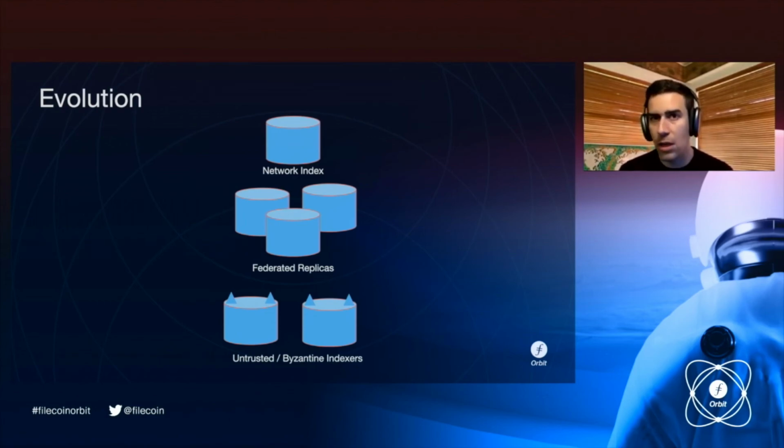So you could imagine schemes, for instance, where when I do a retrieval, there's some sort of finder's fee where the indexing subsystem or the set of indexers that help me matchmake to a given provider gets a percent of the retrieval cost, or gets some fee for doing that finding.